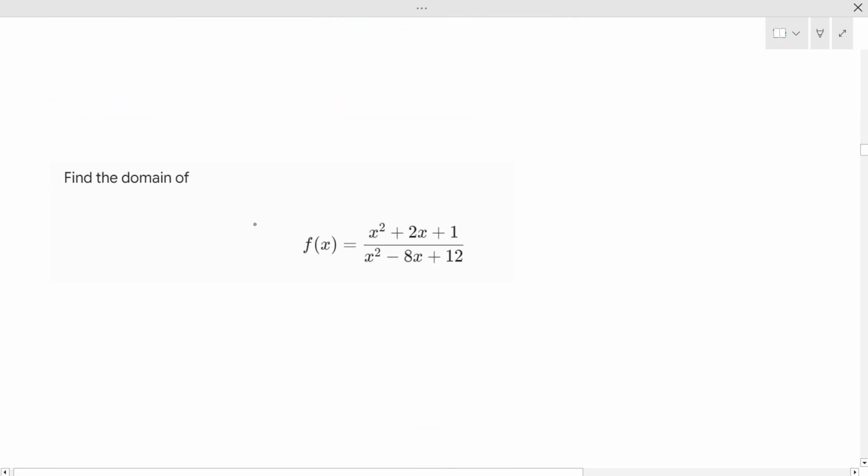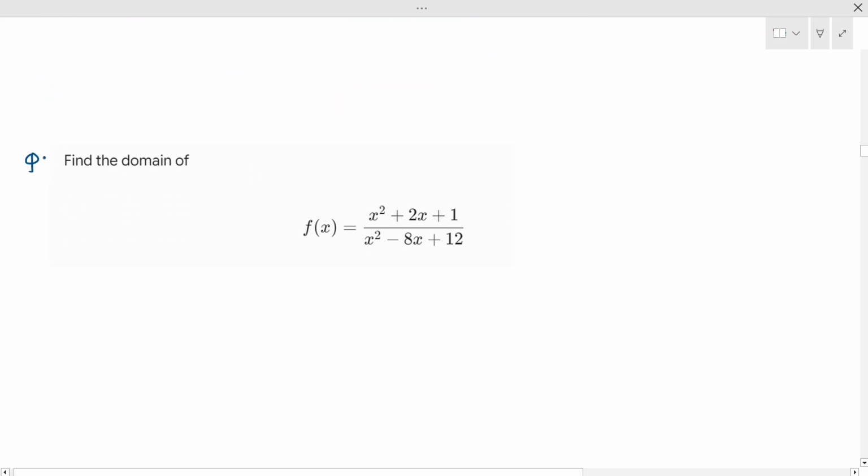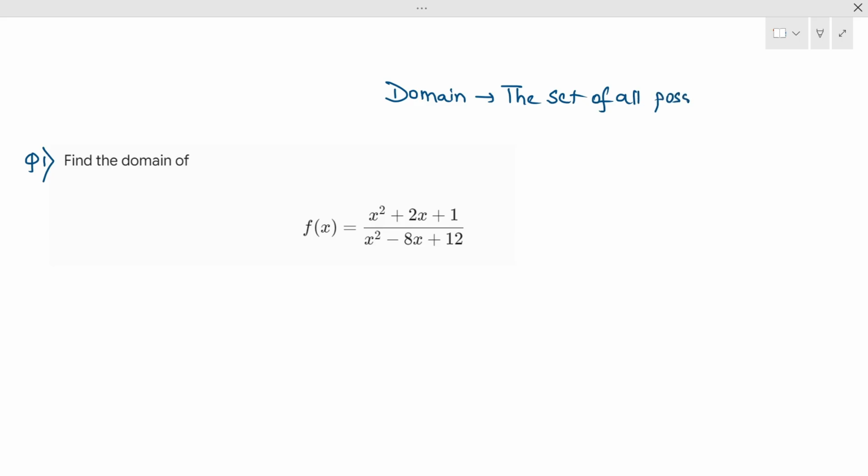Next question is to find the domain of this function, right? Okay, now domain means what? Domain means the set of all possible inputs. Now think of a function. Suppose I take f(x) = 2/x, right? Now this x can take 1, 2, 3, 4 and so on.